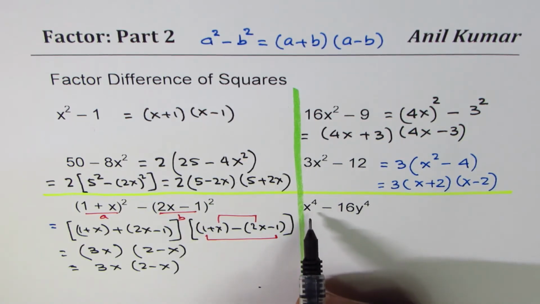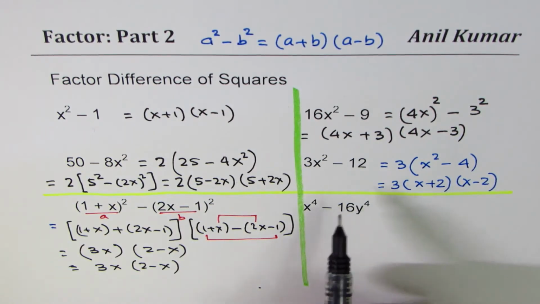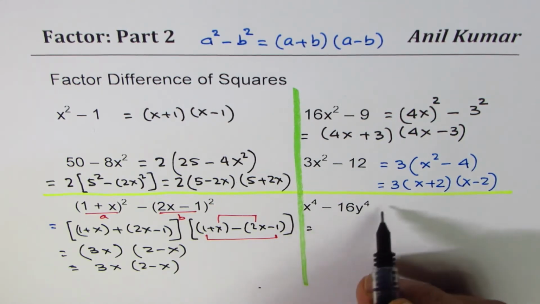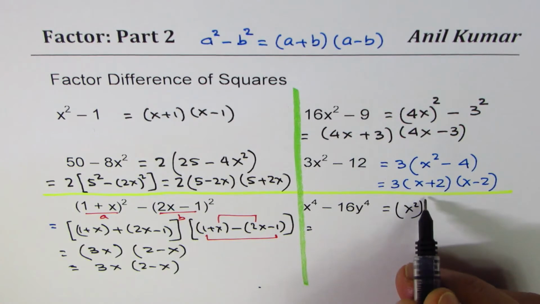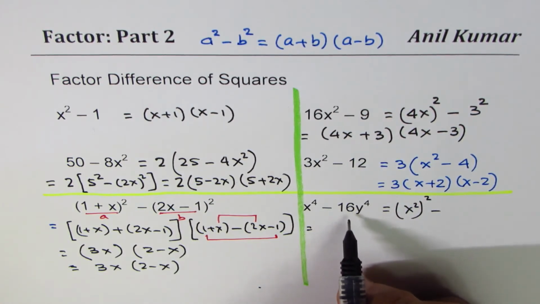Now the next one here is x to the power of 4 minus 16y to the power of 4. How do we treat this as difference of squares? You could write x square whole square, that becomes power of 4, minus 16 is 4 square.